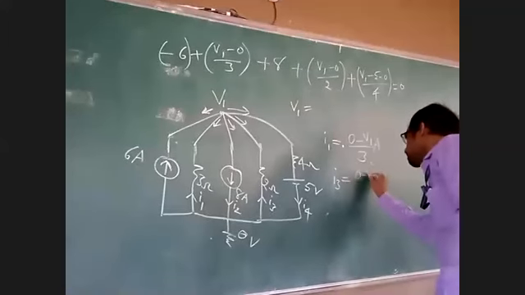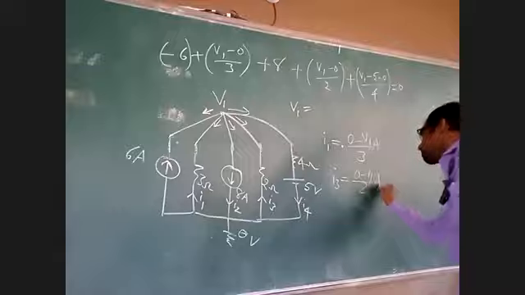What is I3? 0 minus V1 by 2. I4? V1 minus 5, minus 0 by 5 minus 0.